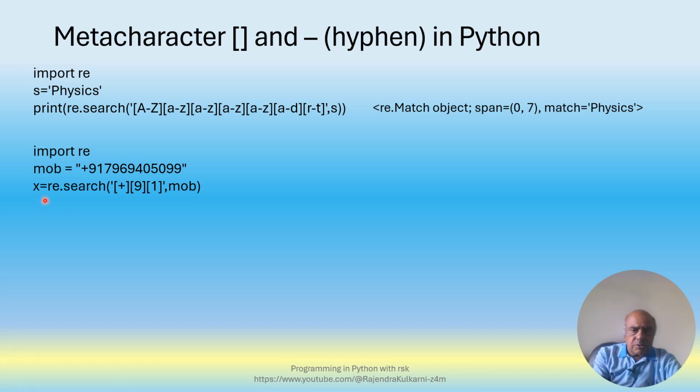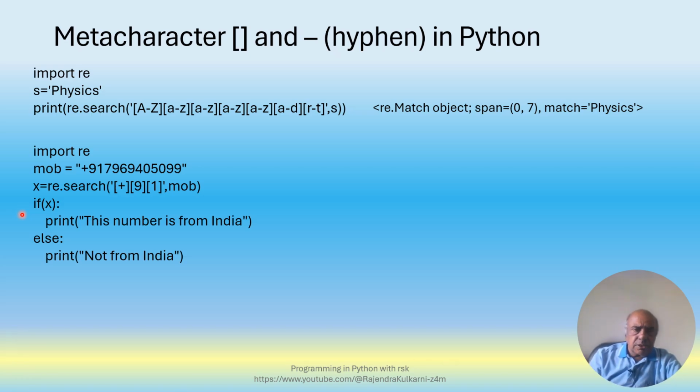Then we use re.search to check whether the string mob matches with the first three characters as plus, 9 and 1, all individually enclosed in square brackets, and the whole search string enclosed in single quotes. If this plus 91 matches with our string, X will be true.